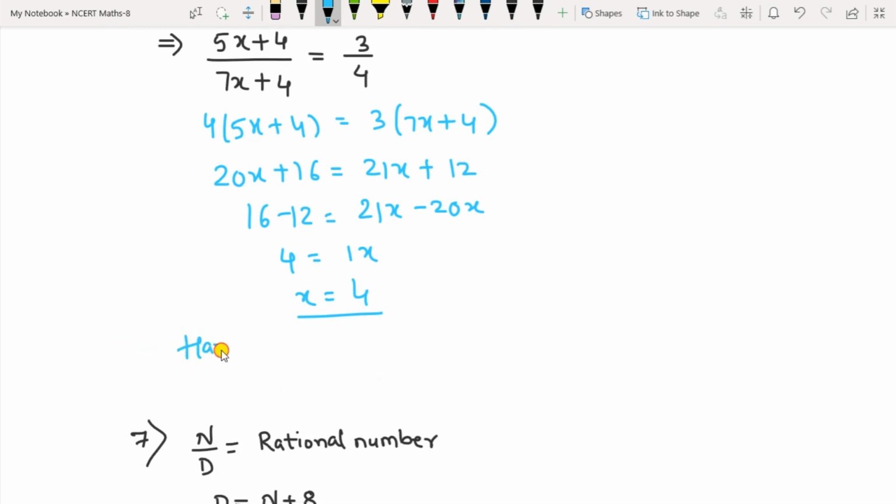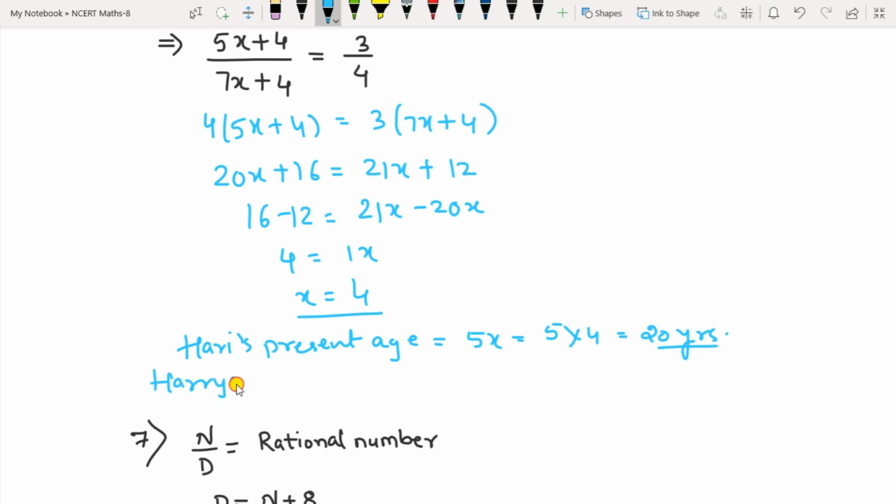So Hurry's present age is 5x. That becomes 5 into 4 is 20 years.